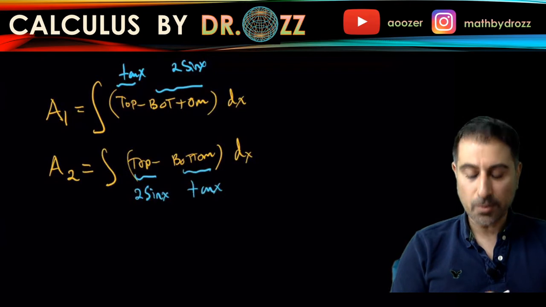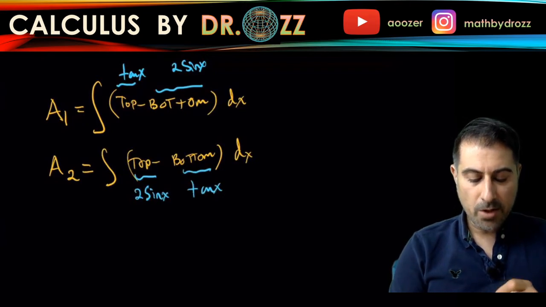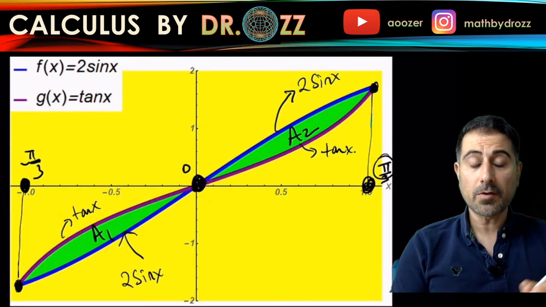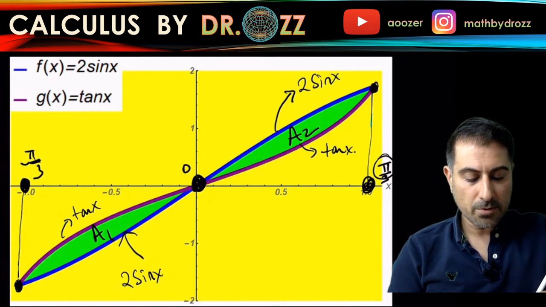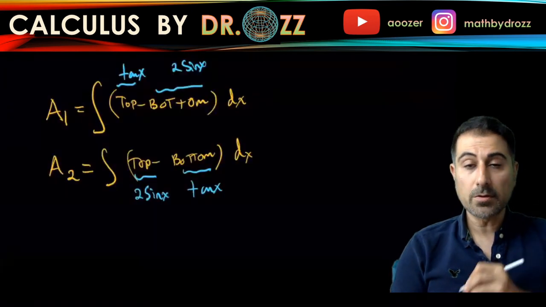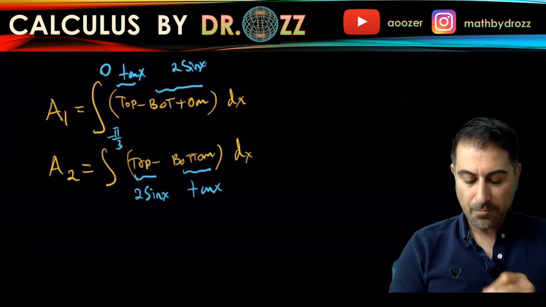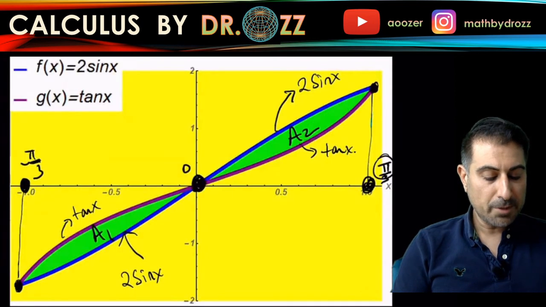Let's check the limits for A1 and A2. Well, x's for A1 are in this region varying from negative pi over 3 to 0. So I'm going to put negative pi over 3 here, and 0 at the top. And for A2, I have the lower limit to be 0 for that region, right?